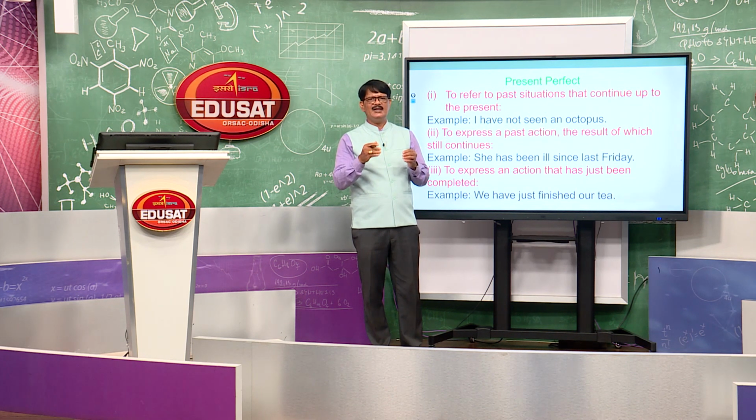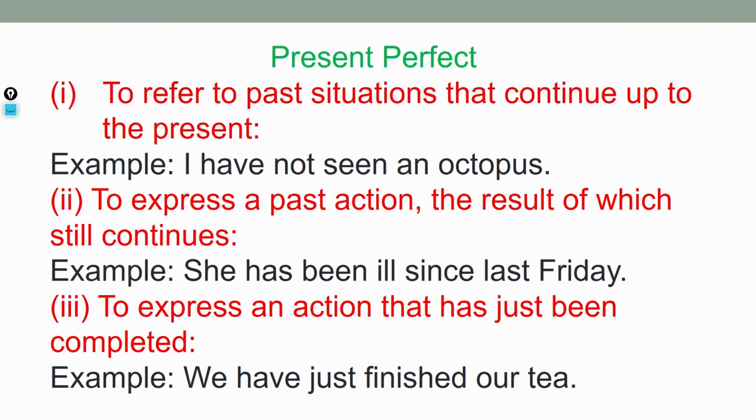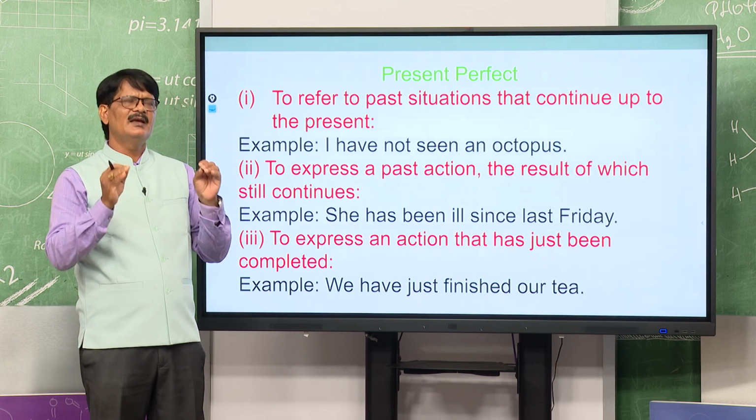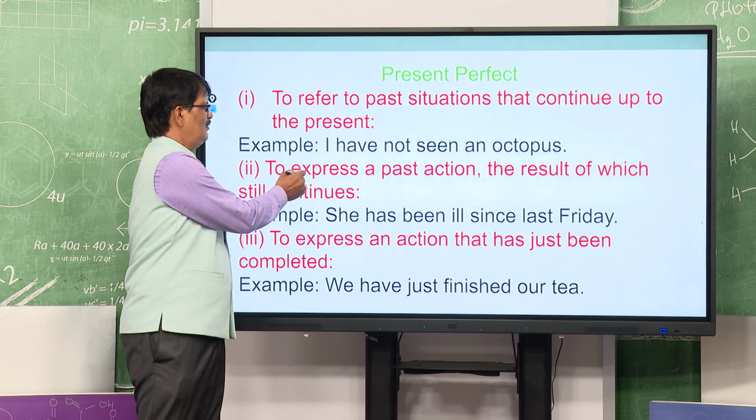She has been ill since last Friday, that means the illness is going on, okay. The result is continuing. Another is to express an action that has just been completed. We have just finished our tea, that is a just completed action. In case of a completed action, we will use the present perfect.